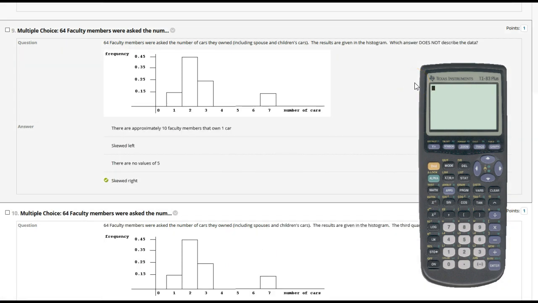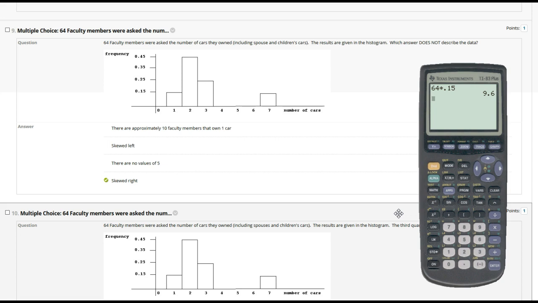Number 9 has us looking at the same scenario as above. It says, which answer does not describe the data? So we'll start with the first one. There are approximately 10 faculty members that own 1 car. So we could do this by doing 64 times 0.15, right?